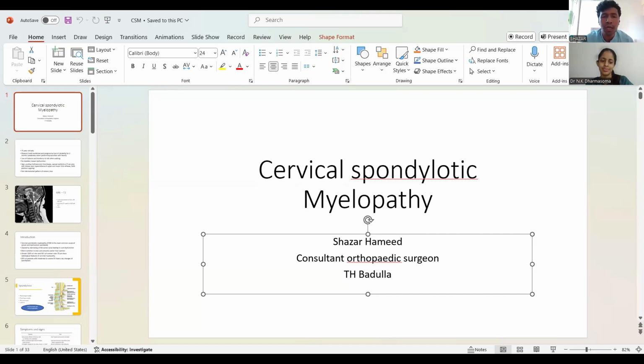If you don't have neurological compromise, you can try all the means that I told you about. But if there is evidence of neurological compromise, it's better to get an MRI scan if it's possible at your level, even from the private sector, or refer them to a center that can evaluate them as early as possible. And mind you, I've mentioned the gradual or stepwise deterioration of this condition.